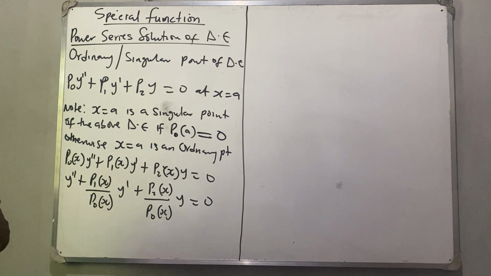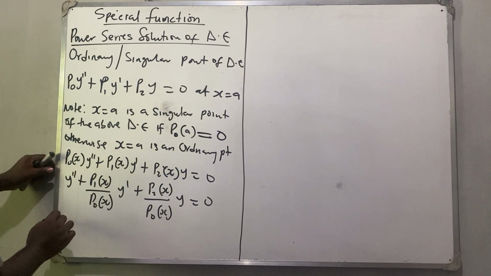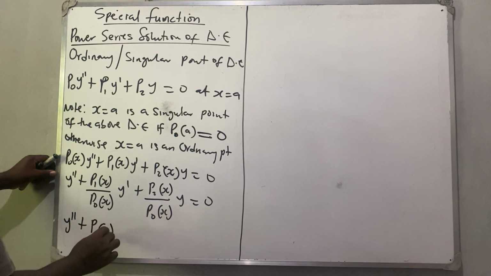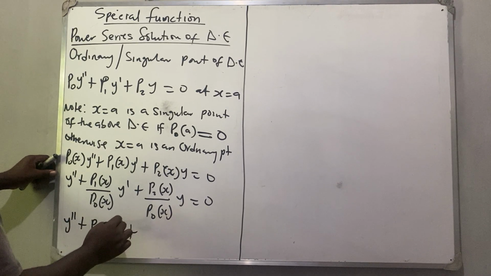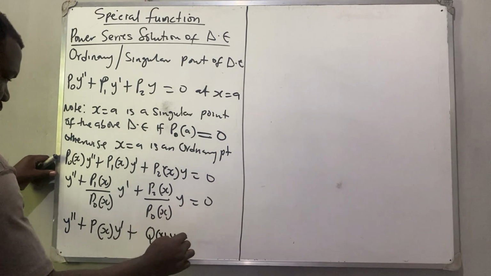Okay? And then you should know that when a polynomial divides a polynomial, the answer must be a polynomial. So I'm going to have y prime prime plus, let me call it P in general of x, y prime plus q in general, y is equal to what?